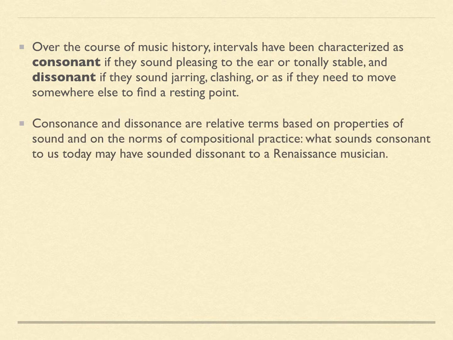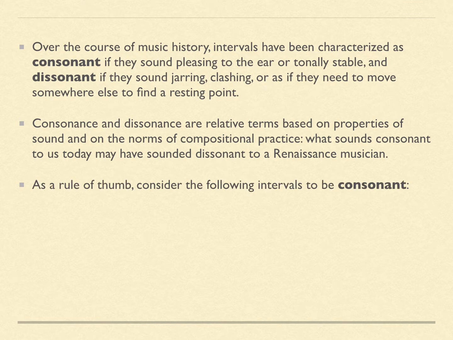I mean, depending on who you're talking to, they might have a different idea of what sounds nice or not. But generally, these are the intervals that will sound or be described as consonant. You have your unison, third, fifth, sixth, and octave. Those are the intervals that in Western harmony will be considered consonant.